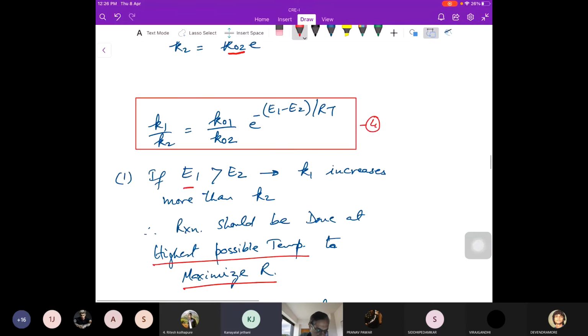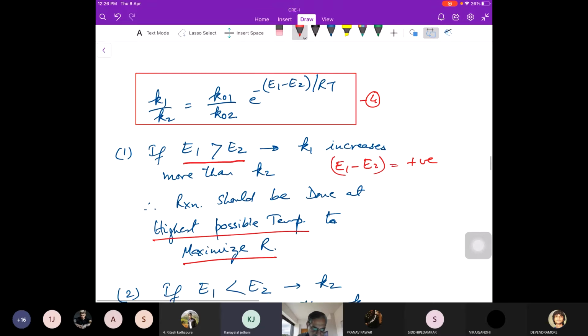Now if E1 is greater than E2, right? Suppose E1 is greater than E2, that means ये नंबर पॉजिटिव हो जाएगा. ठीक है, and exponential becomes negative, right? Because there is a minus sign here.